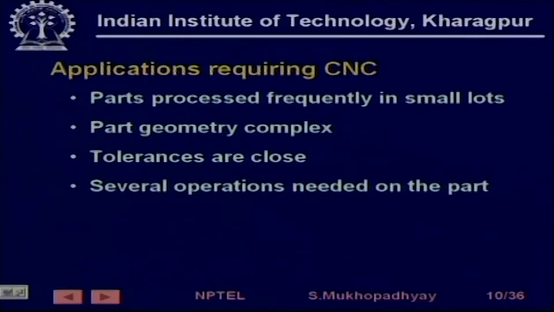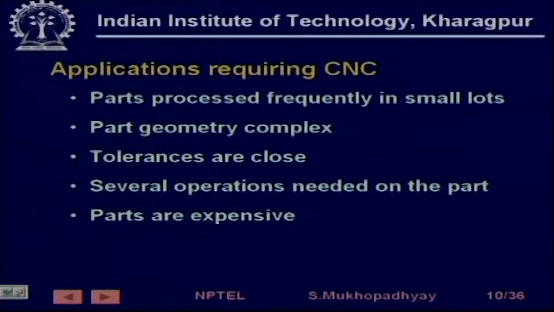When several operations are needed on the part, again it is related to setup time. You may need various kinds of tools working on that, so you will lose a lot of time by changing tools, while with technologies like automatic tool changers and a wide variety of tool magazines, tool changing is achieved very efficiently in CNC machines.